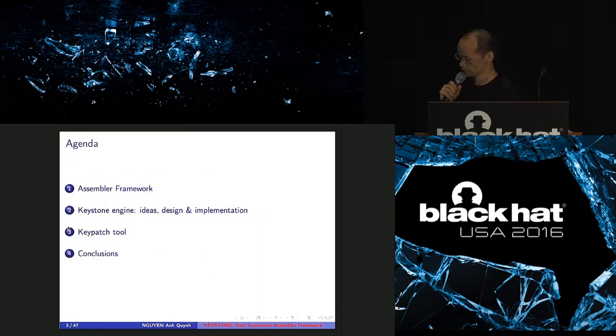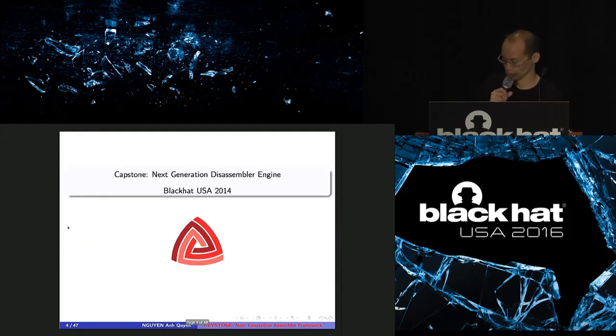First I introduce some background on assembler frameworks, and next how Keystone can fix all the problems of the existing assemblers. Later I introduce a new tool, KeyPatch, built on top of Keystone, and conclusion.